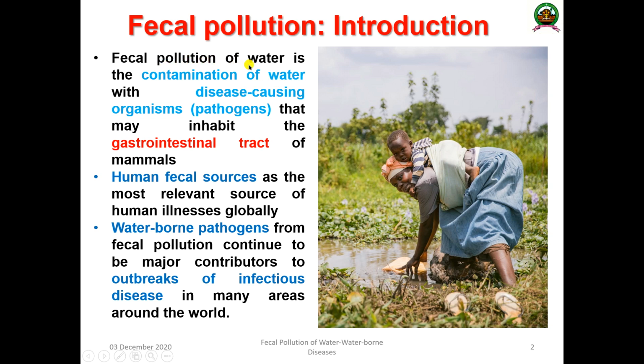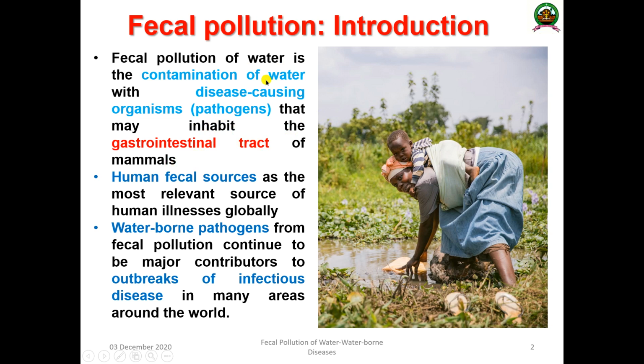Fecal pollution of water is the contamination of water with a disease-causing organism or pathogen that may inhabit the gastrointestinal tract of mammals, including humans.